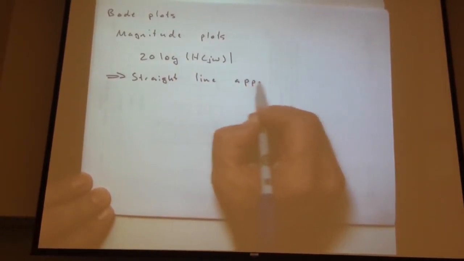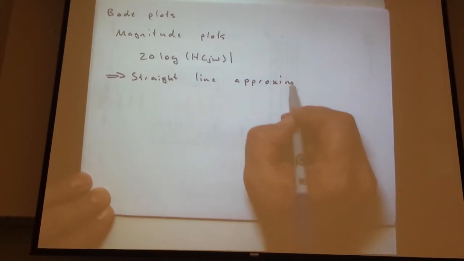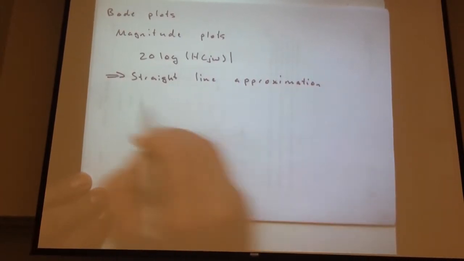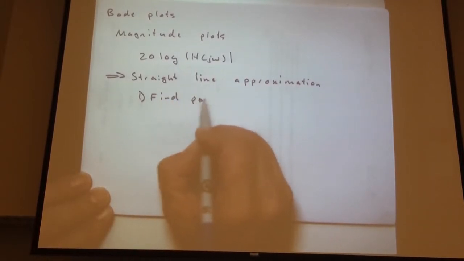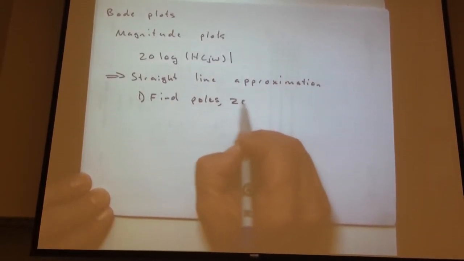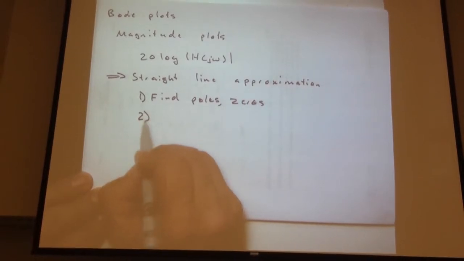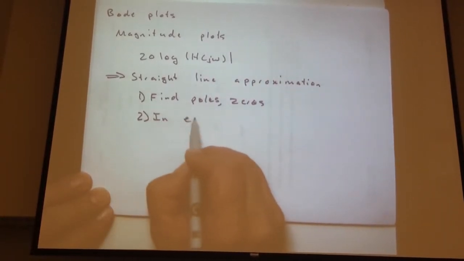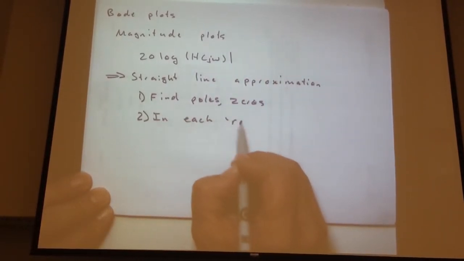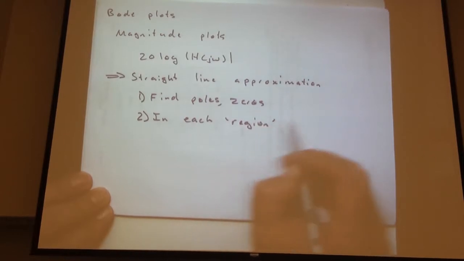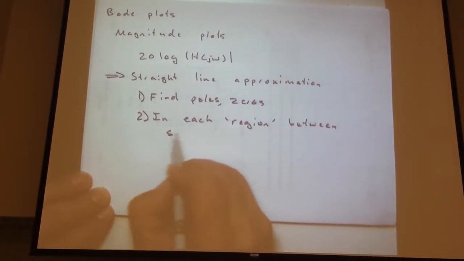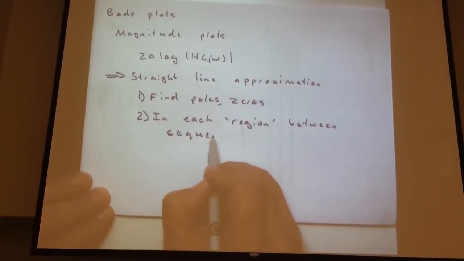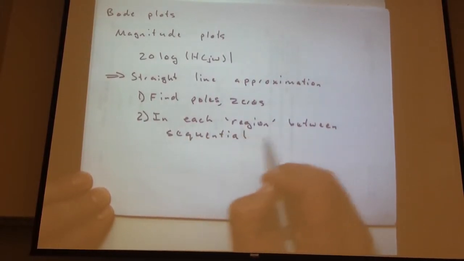Essentially, the straight line approximation involves: find the poles and zeros in each region. We could put quotes around region, between sequential poles and zeros.